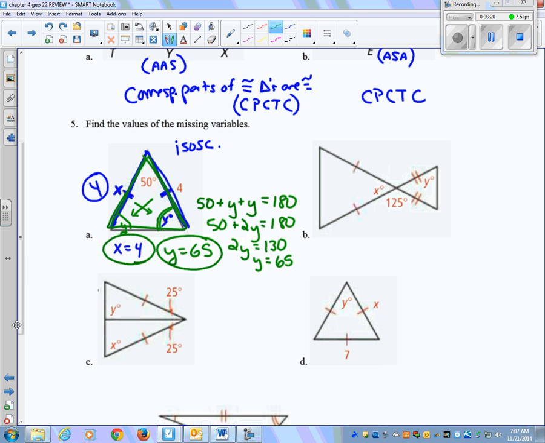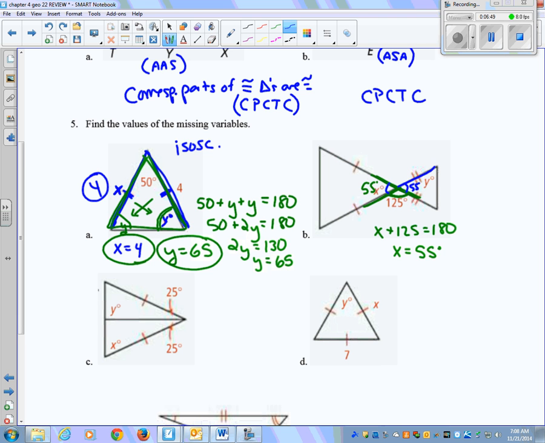For this one, this obtuse angle here is 125. It forms a linear pair with x. So x plus 125 equals 180, and so x is going to be 55 degrees. If that's 55, then its vertical angle is 55.